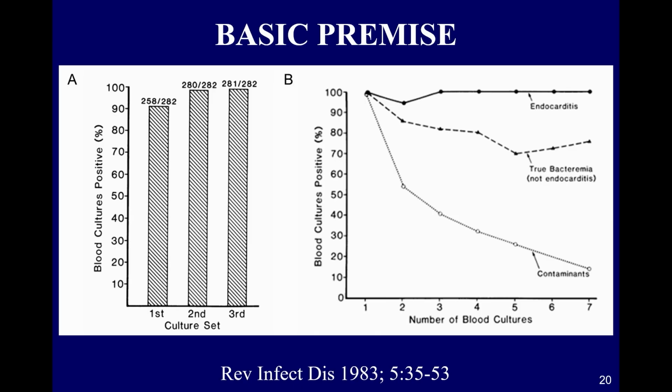So in patients with endocarditis, just about all of them, 100%, had multiple positive blood culture bottles. In bacteremias that were not endocarditis, you still see a pretty substantially high percentage of positive blood cultures as a function of number of blood cultures taken, but in patients who are considered to have contaminants, the number of positive bottles goes down precipitously after 1 or even 2, right?